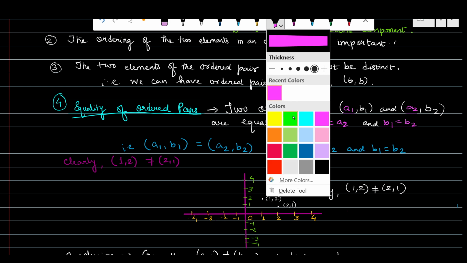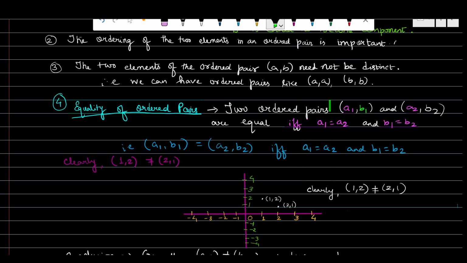Similarly, the second component of the first ordered pair must be equal to the second component of the second ordered pair. Right?